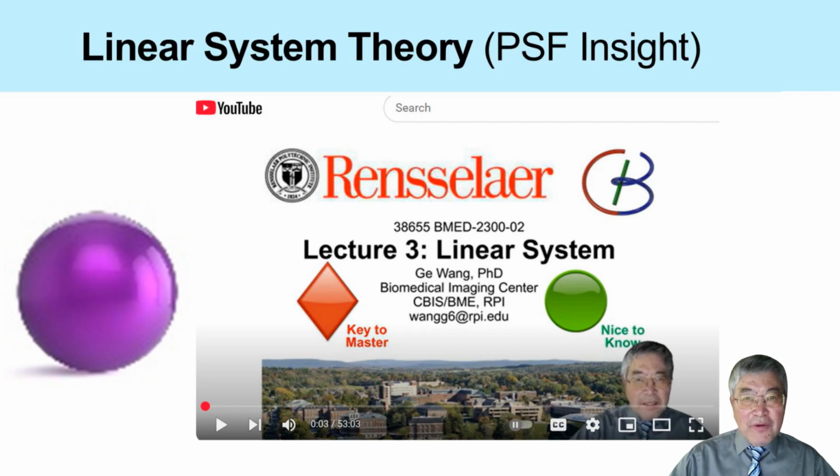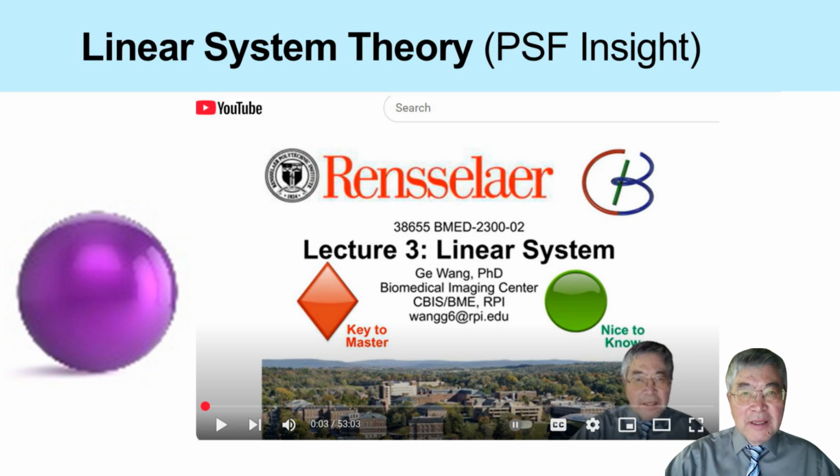Okay. Before we discuss the fan beam reconstruction heuristic further, let us recall an important concept from linear system theory, the PSF. In a linear system, if we know how the system responds to a point-like input, then we can predict the response to a general input.